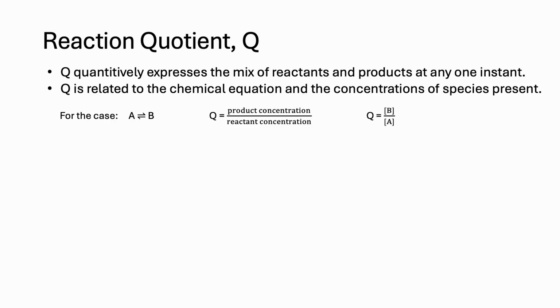Every chemical reaction is unique. A way to quantify the progress of a reaction is to calculate a reaction quotient, given the symbol Q. The reaction quotient describes, in numerical terms, the mixture of reactants and products present at any one instant that the concentrations of the reaction components are measured.